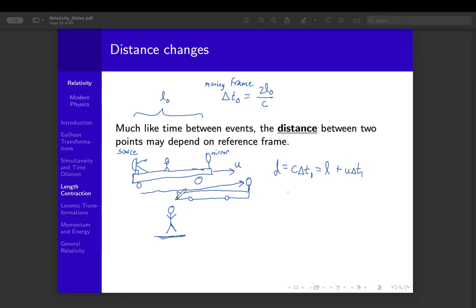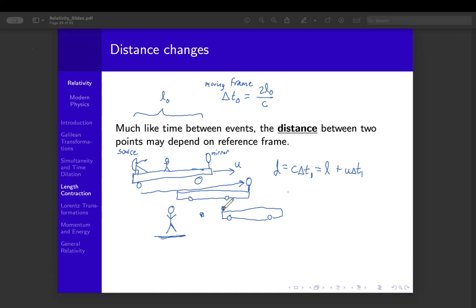Now, on the return trip, the same thing happens, but in that case, the light actually travels less than L0 distance because on the return trip, the cart is still moving. So if the cart moved this much, it should be located right here when the light returns back to the source. So I'm trying to keep constant velocity for our cart.